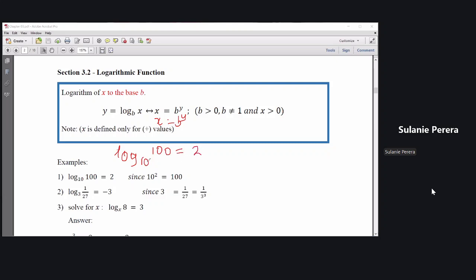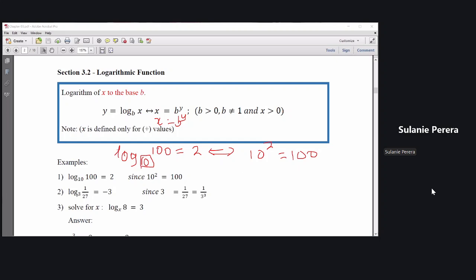So this is the simplest logarithm that you all have learned. This is same as writing base 10 to the power 2 is equal to 100.